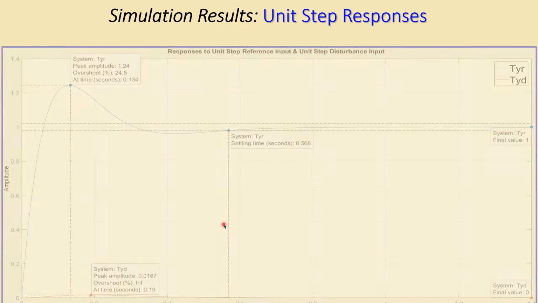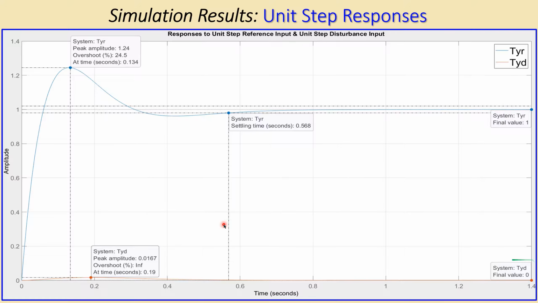So let's look in great detail again at what we have seen in the previous slide. This is again our unit step response for our reference and also the disturbance here. The blue one is the reference response and this is the disturbance response. You can see how much the difference is between the response from the reference and from the disturbance.